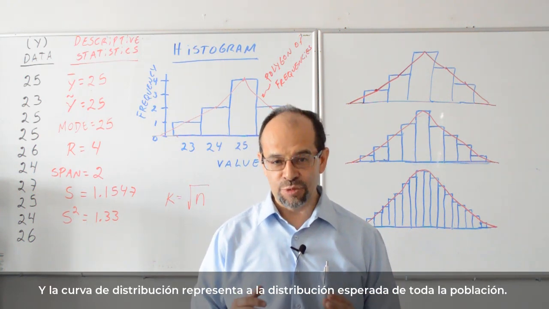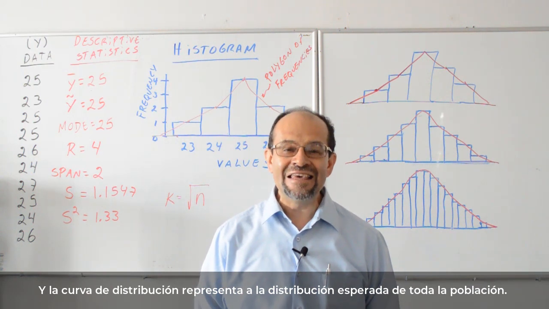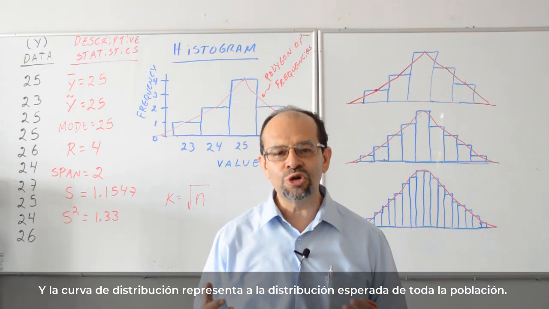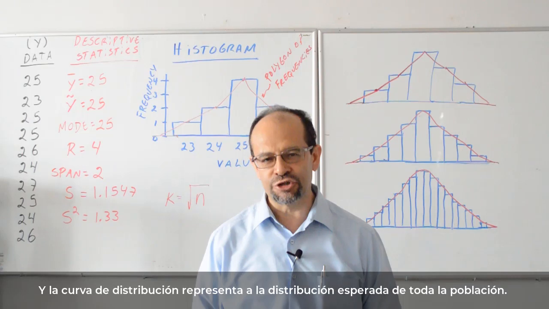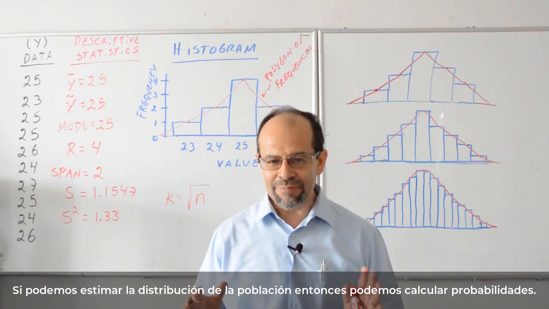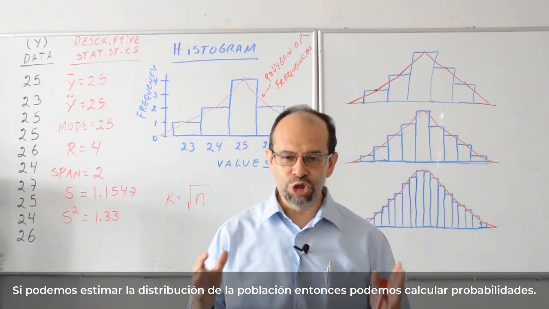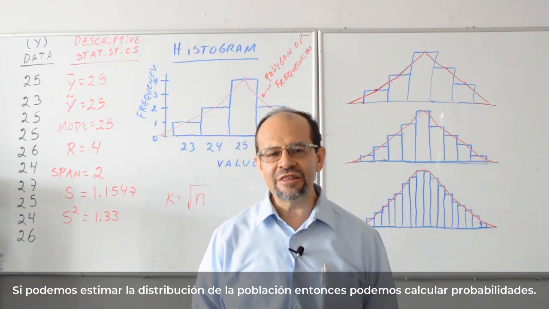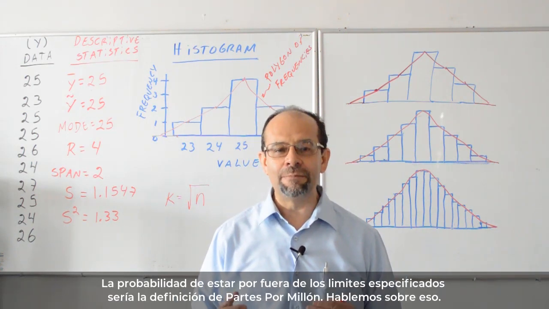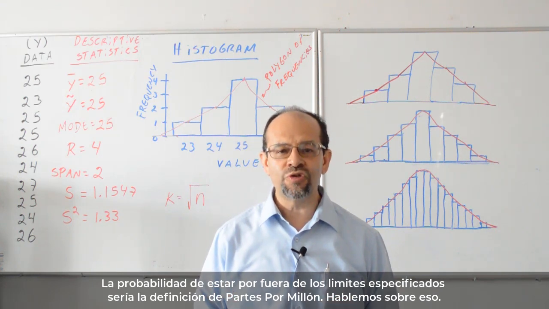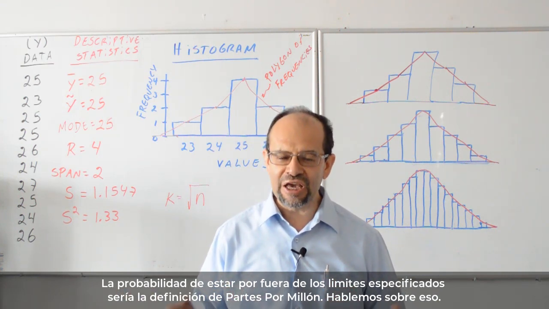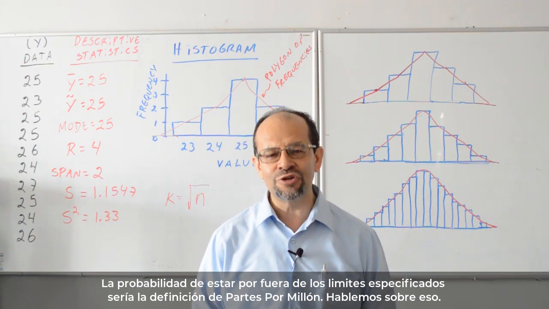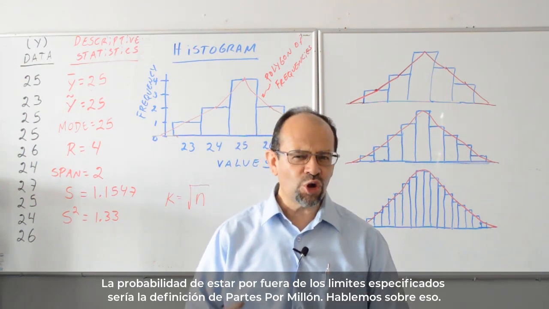And the distribution curve represents the expected distribution of the entire population. If we can estimate the distribution of the population, then we can calculate the probabilities, or the PPMs, the probabilities of being outside the specification limits, and that will be the definition of parts per million. Let's talk about that.